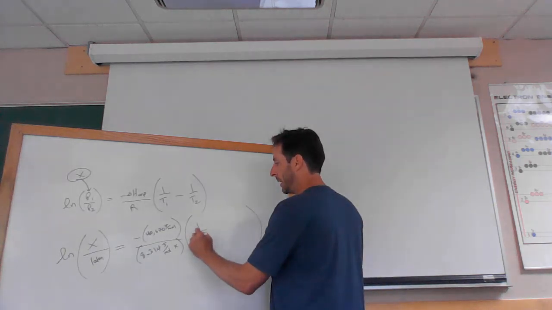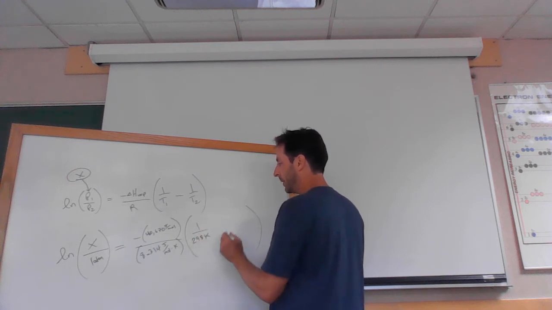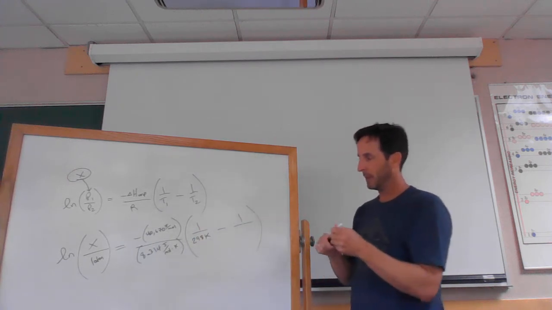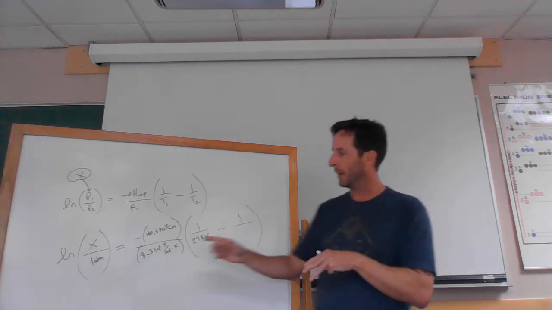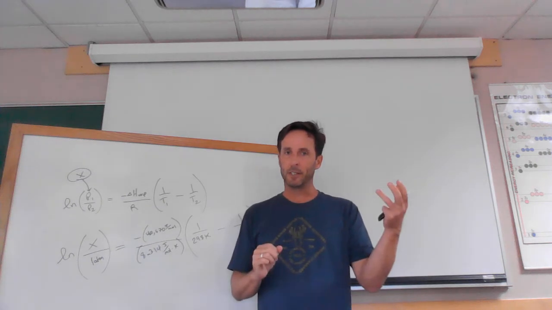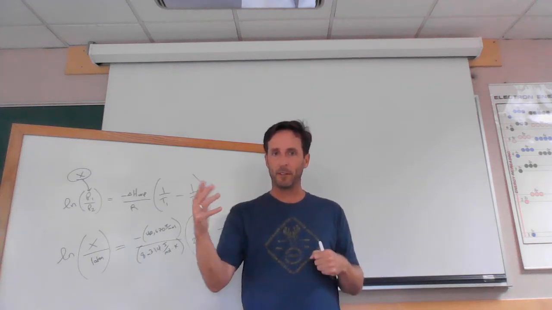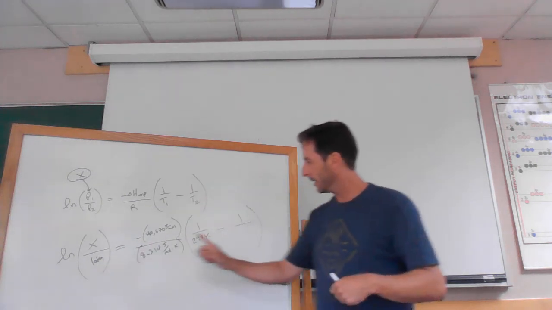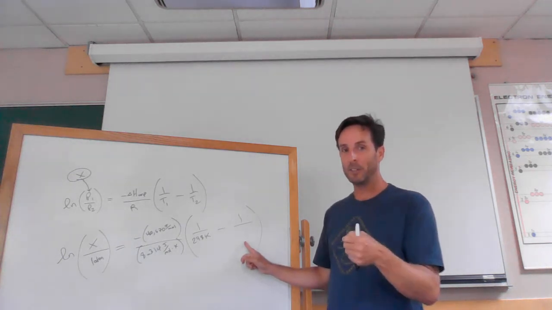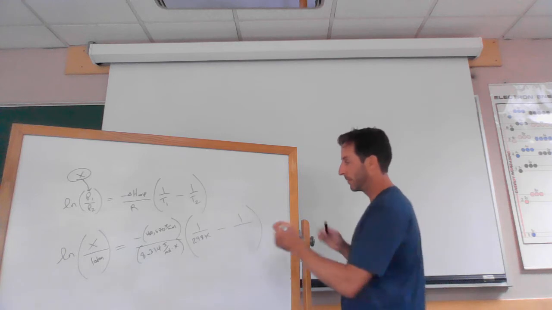So 298 Kelvin minus the other one, the second data point, that's the one where I use the boiling point of water at 100 degrees Celsius. The vapor pressure is 1 atmosphere. Well, there's the 1 atmosphere. So over here, 100 degrees Celsius in Kelvin is 373.